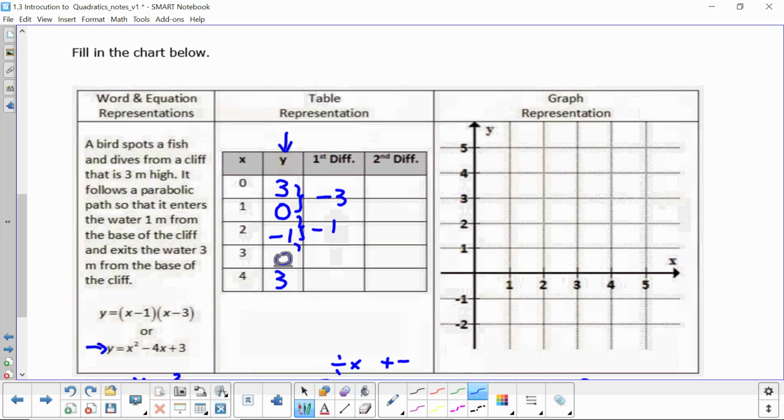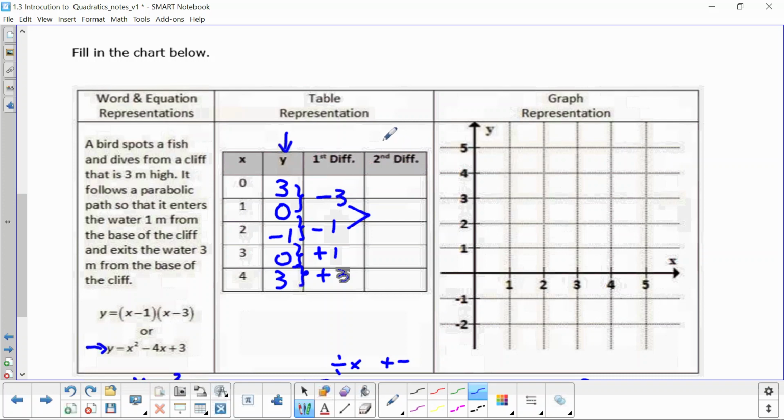From negative 1 to 0 is up 1. From 0 to 3 is up 3. Then we see it's just subtraction. You could just do 0 minus 3. The bottom y value minus the y value above. Then we are going to do the calculation of this one.